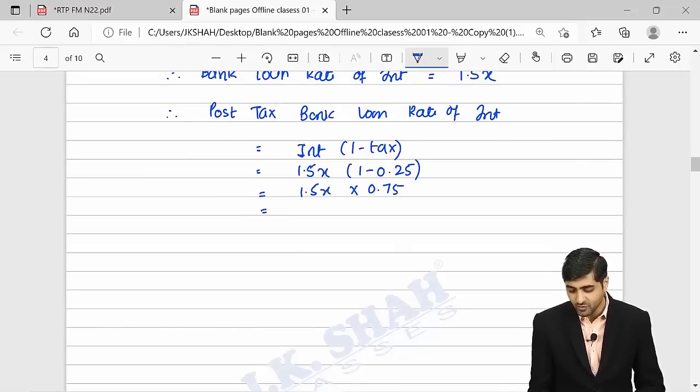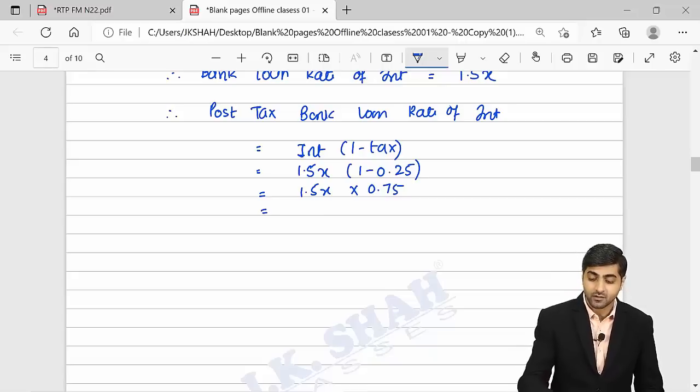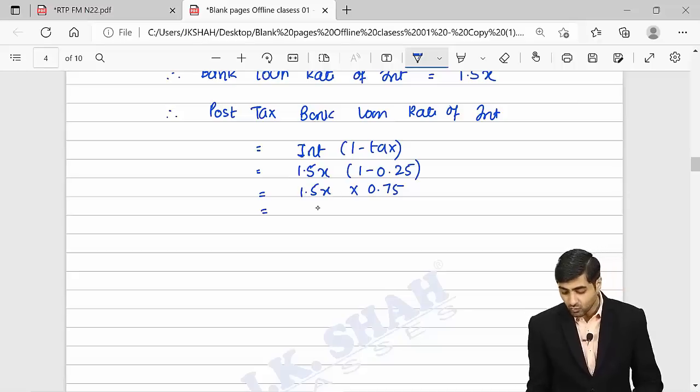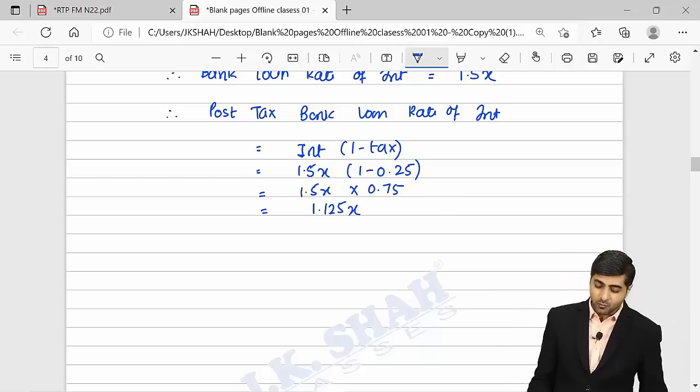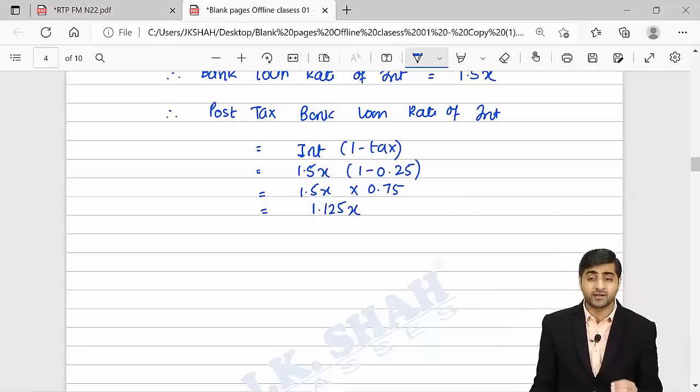So this will now help you to calculate 1.125x, right? So we have now post-tax bank loan rate of interest.